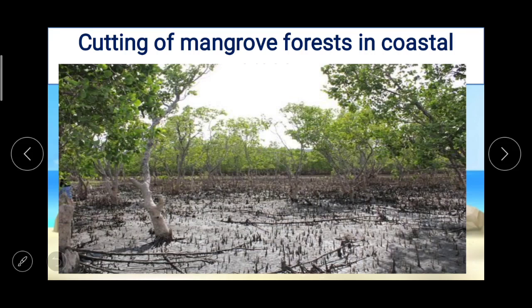Then cutting of mangrove forest in coastal areas. Mangrove forest is important, and the cutting of mangrove forest in coastal areas is an issue related to ocean. The wood of mangrove trees is light and oily, it lasts longer, and it is used as fuel and also for shipbuilding.